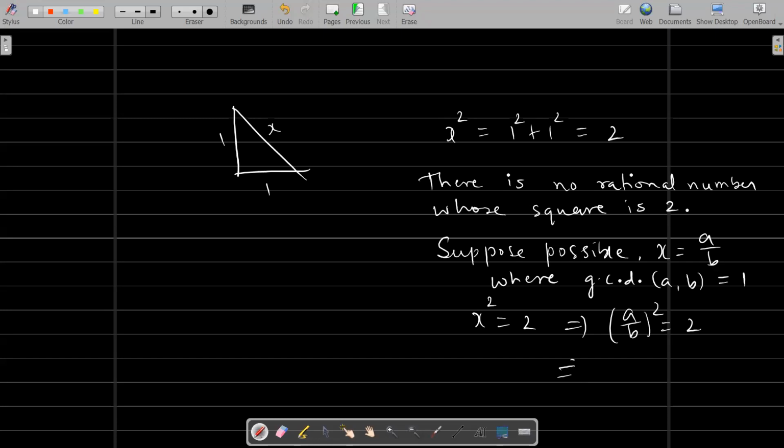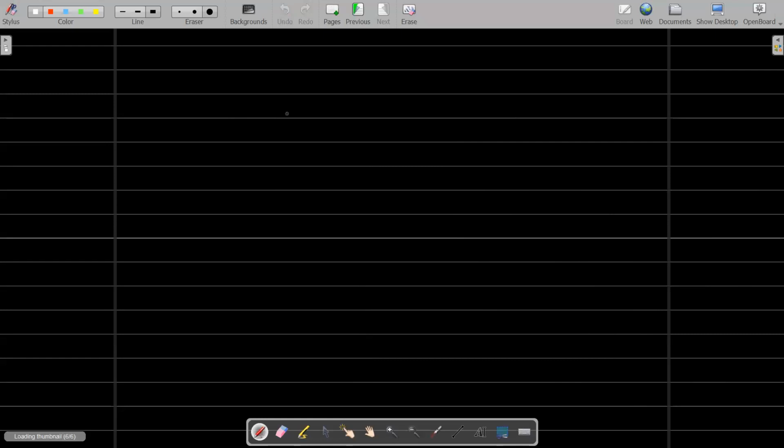Then we can multiply both sides by b square. So a square is equal to 2b square. So that means a square is even. Cross multiplying, this implies a square is 2b square.